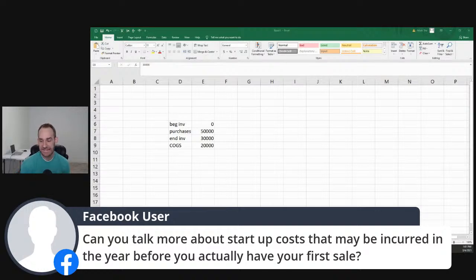Unless you're open for business, technically the IRS says those aren't deductible in that year. Well, I think they're deductible up to 5,000, but anything over 5,000 might have to be amortized, like depreciated, over the next 15 years. I'm not going to talk too much about that right now.